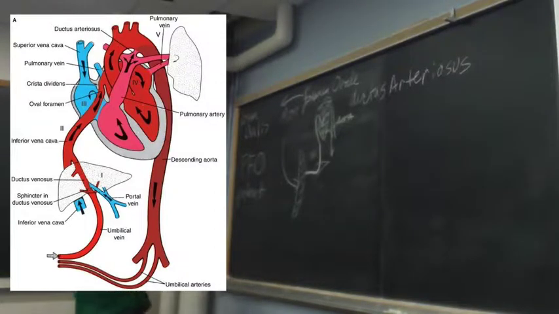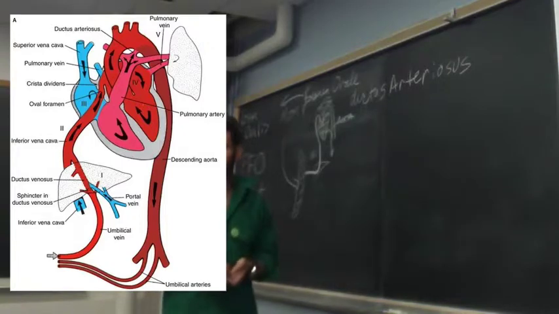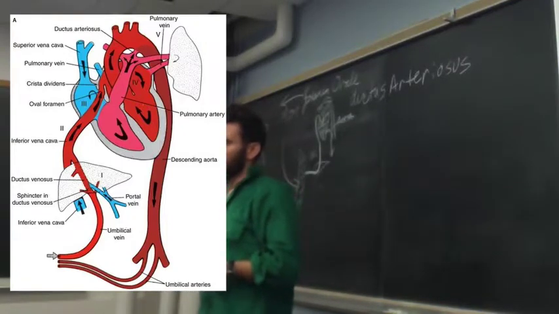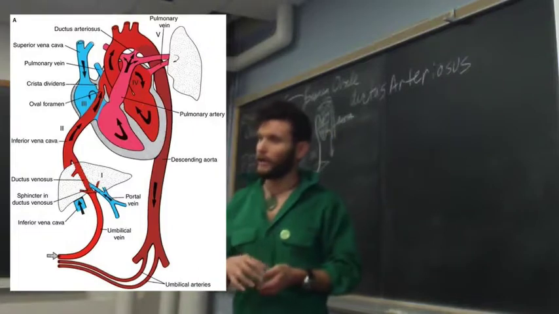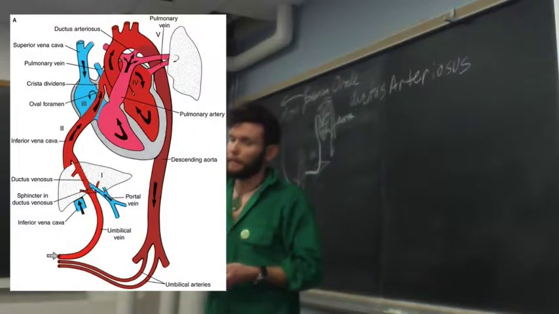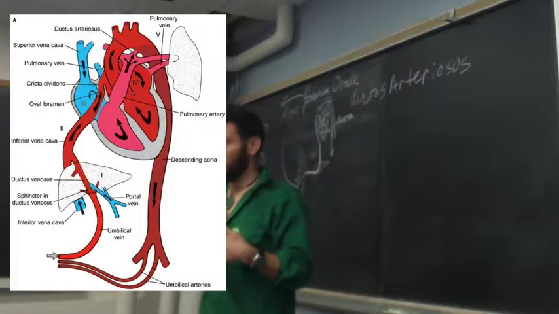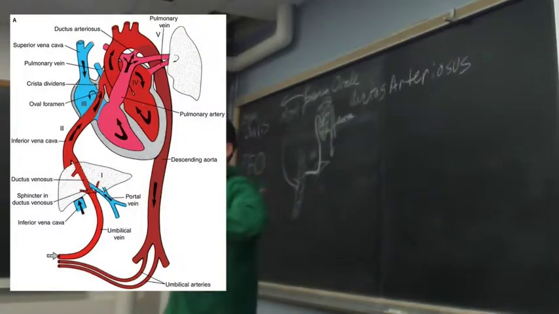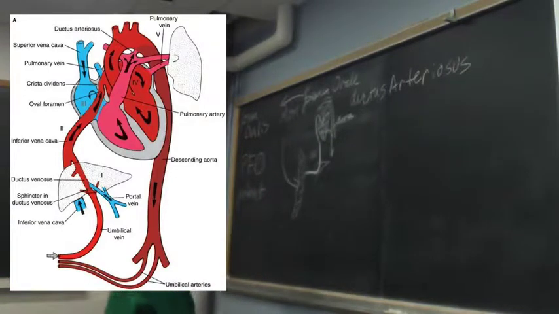The problem with the PFO is that it makes the likelihood of a pulmonary embolism, like an air bubble or a clot or a fat globule that has been dislodged into the blood, something like that, an order of magnitude more likely. So you are much more likely to have a pulmonary embolism with a PFO.